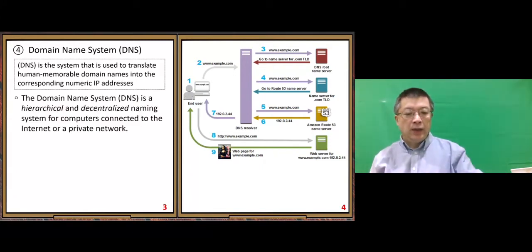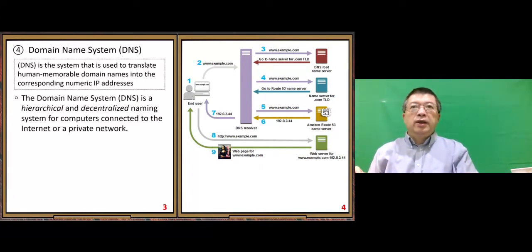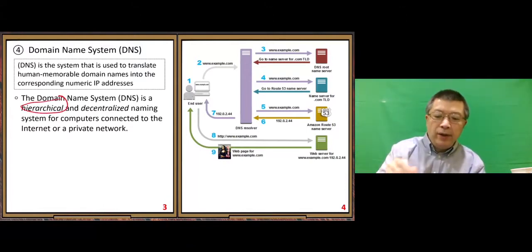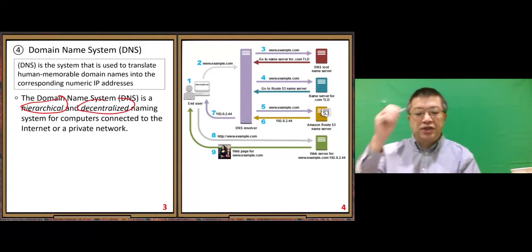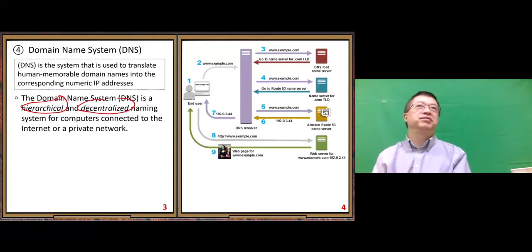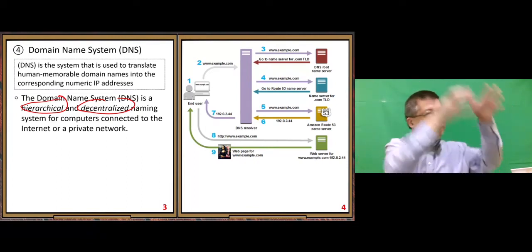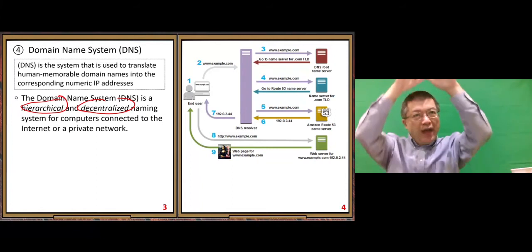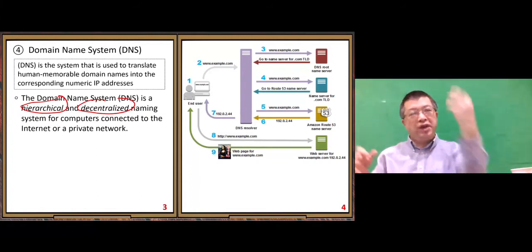DNS is a hierarchical and decentralized naming system. So we know that decentralized means independent, each node inside that hierarchical structure is independent.